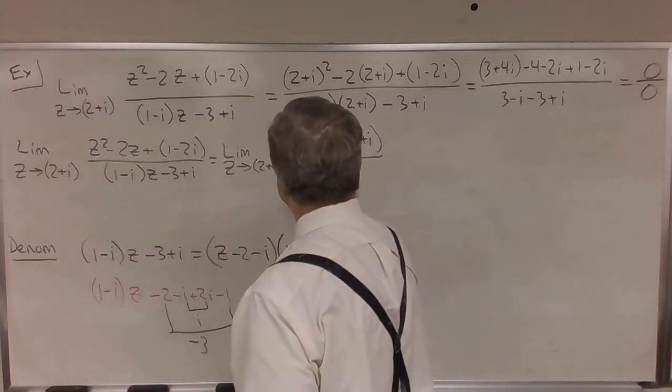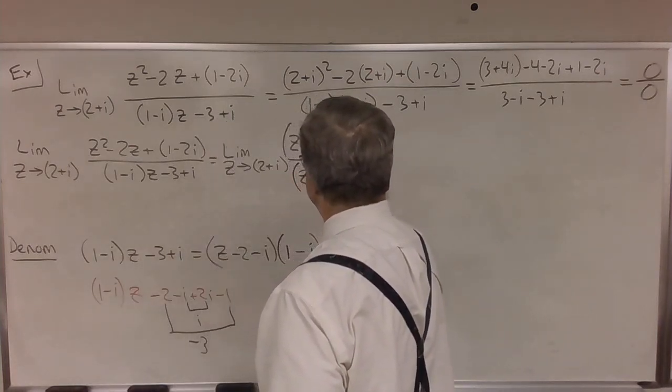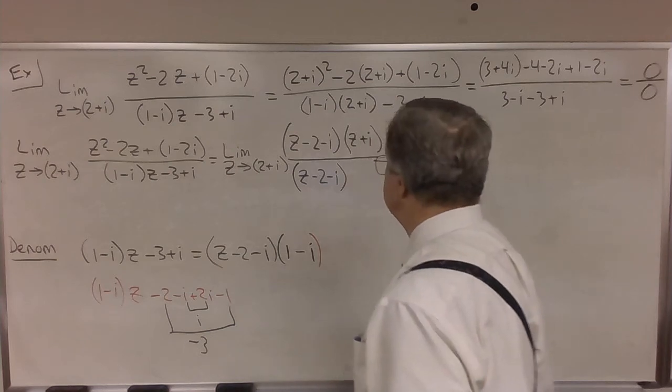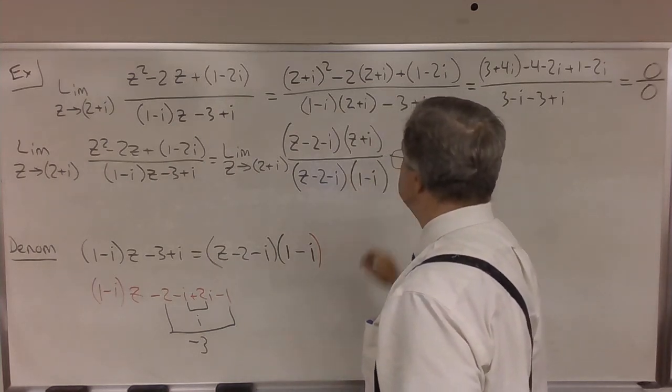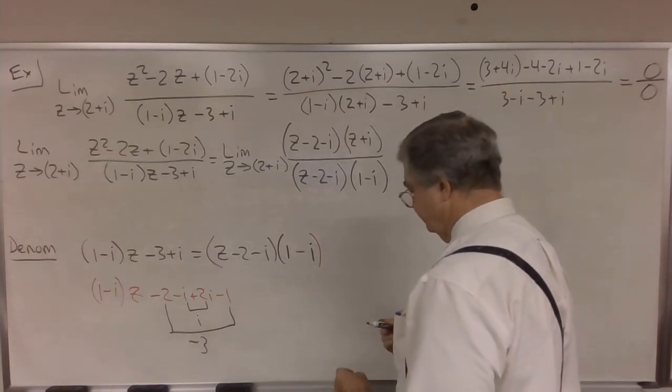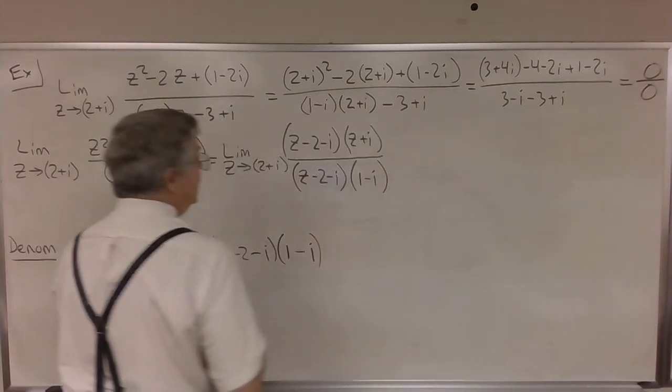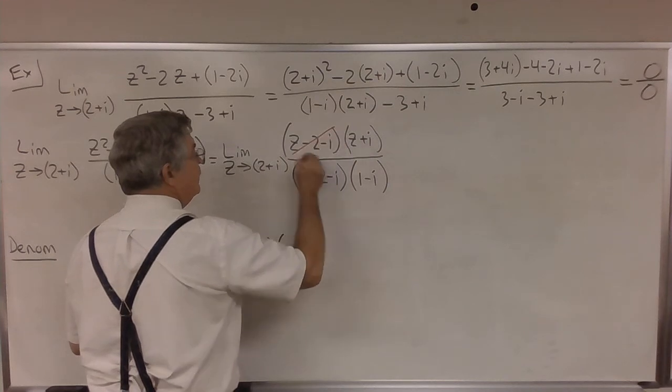So I will write that down. z minus 2 minus i times 1 minus i, and are we going to cancel? You bet your bottom we are.